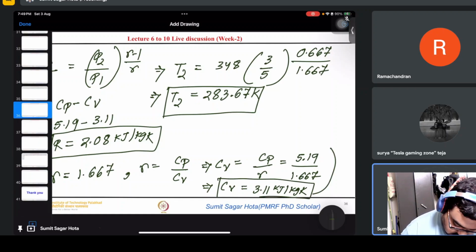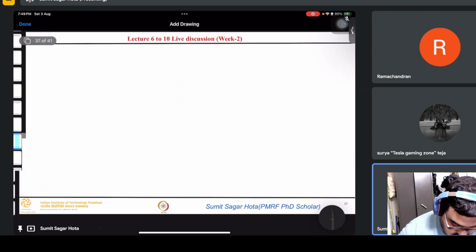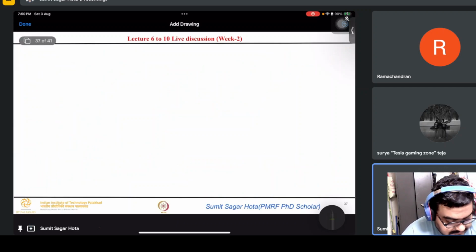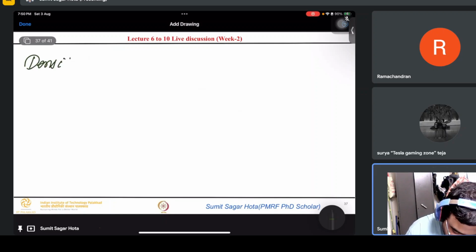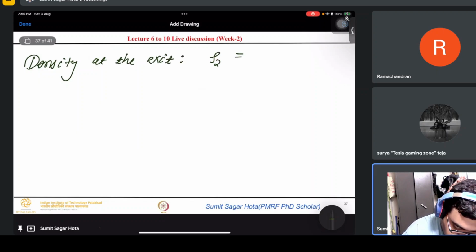Whatever. So let's go to the next solutions. We have to calculate what? The density. So what is the density at the exit? So rho 2 is equal to P2 by RT.